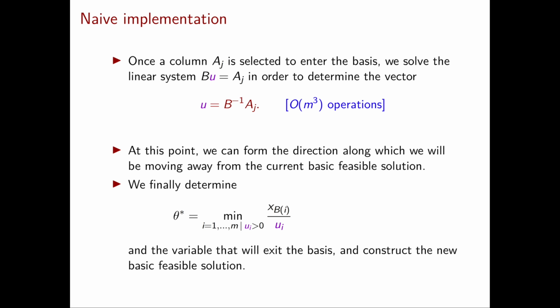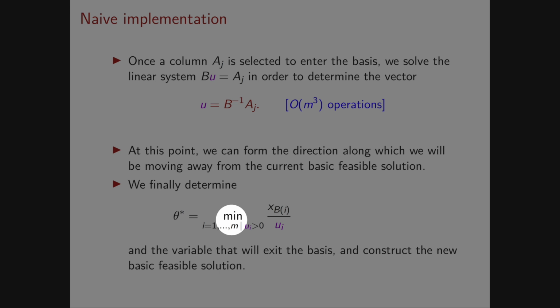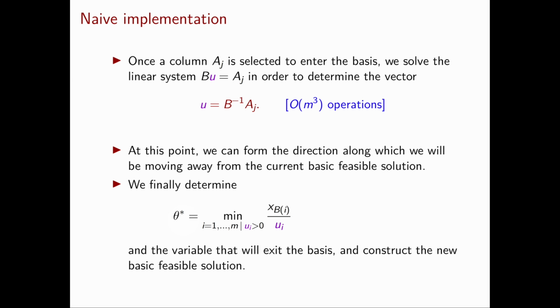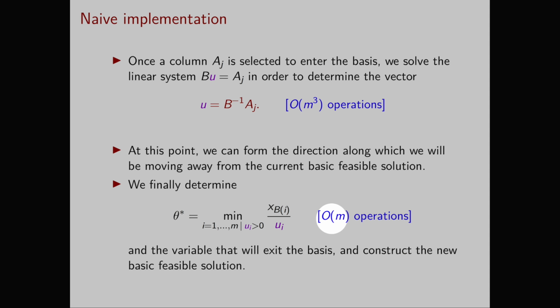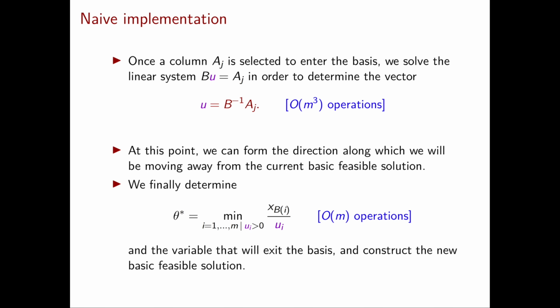And then with essentially m more comparisons, we can find the one that is the smallest, and so we can compute theta star. So in total, theta star can be computed with big O of m operations. The index that gives us the minimum also tells us which is the variable that will exit the basis, and this allows us to construct the new basic feasible solution and to terminate this iteration of the naive implementation of the simplex method.